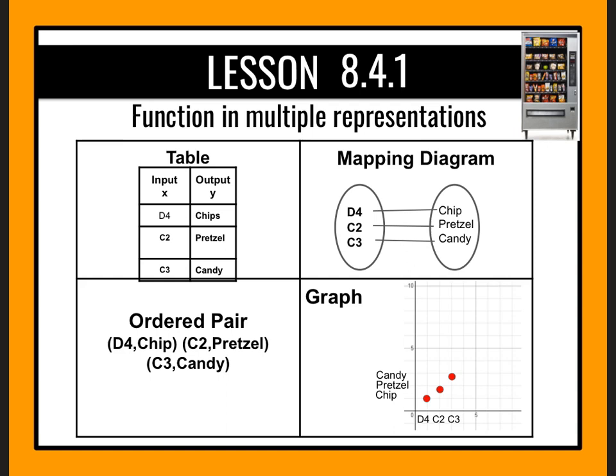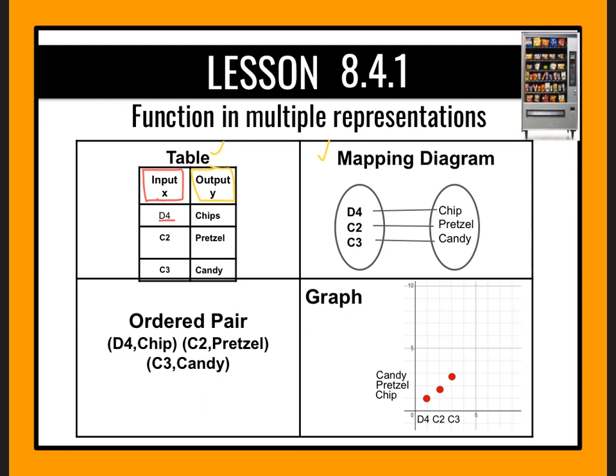Now let's look at a function in multiple representations. I can take that code, that input value of D4, and that'll give me specifically my chips or my pretzels, etc. I can organize the function in a table. I can also organize that in a mapping diagram.